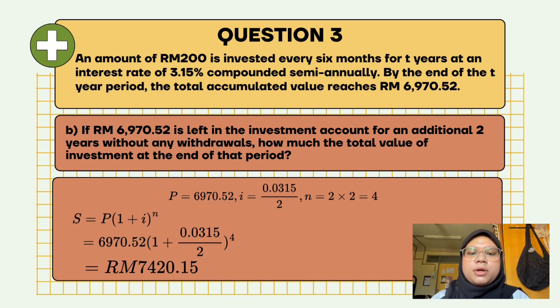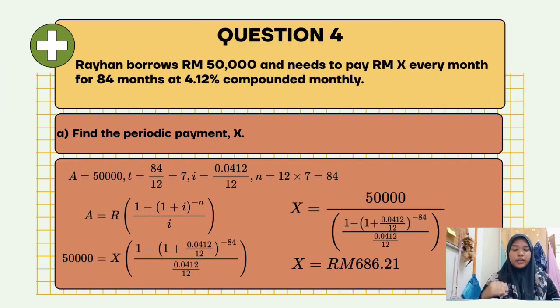So we substitute and calculate, and we get 7,420.15 ringgit. So after 2 more years without any withdrawals, the investment will grow to 7,420.15 ringgit.